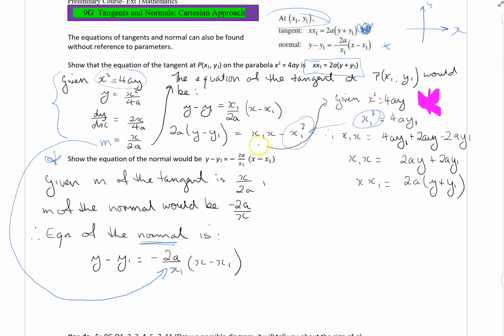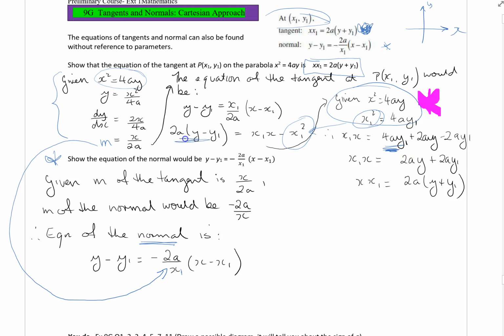I've done a few things all in one step. I've left my x1 x term, equals, and I've taken that to the other side, and instead of calling it x1 squared, I've called it 4ay1. So it's gone to the other side, it's become a plus, and x1 squared can be replaced with 4ay1.